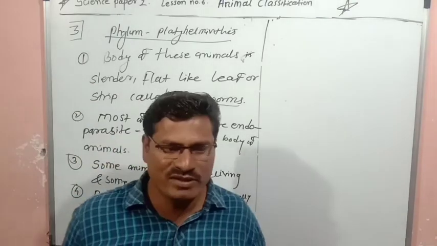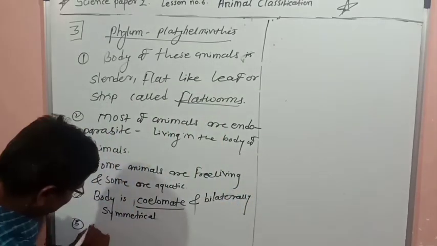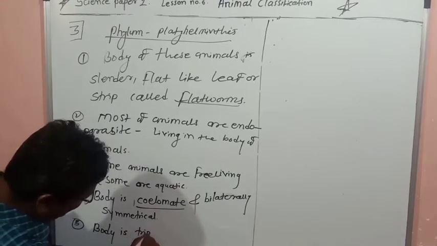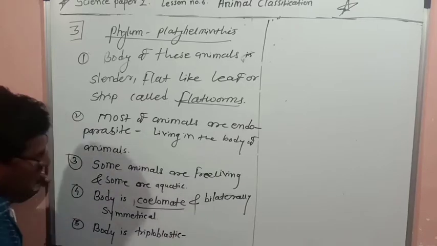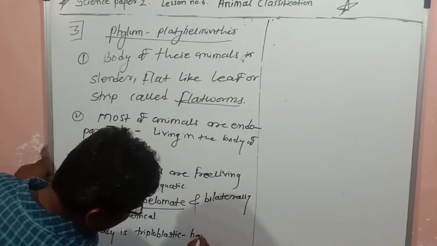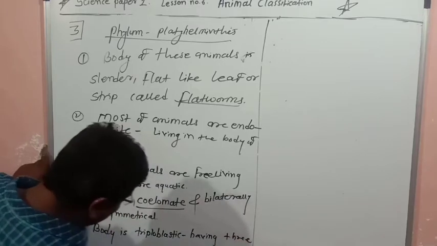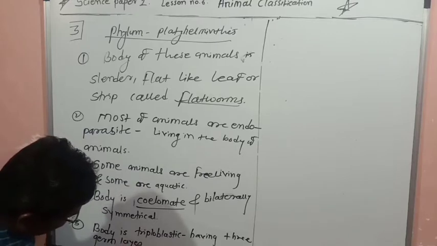So fifth point: the body is triploblastic. Triploblastic means having 3 germ layers. Which 3 germ layers are there?